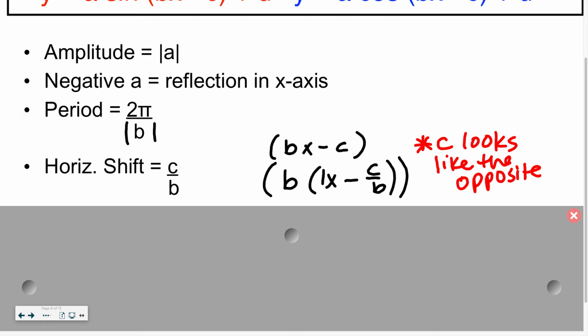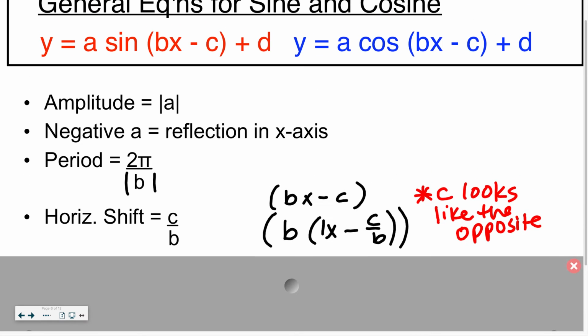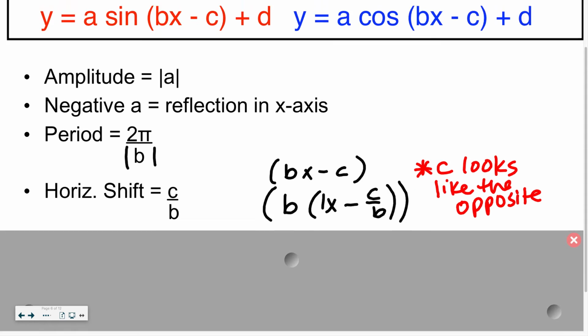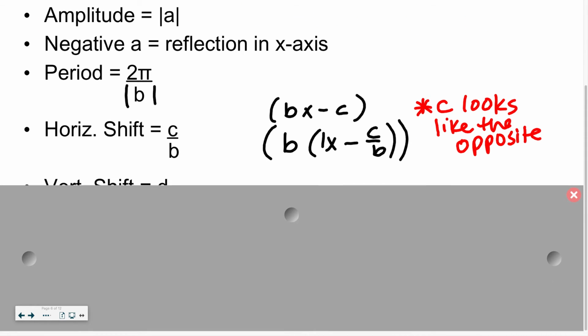Notice that in the general form for the equation, it's supposed to be minus C. So if you put a positive C in there, it looks like a minus. And if you put a negative C in there, then it's minus a negative, which looks like a positive. So you'll have to remember when you're pulling out the C that it always looks like the opposite of what it is. Okay, and that'll get a few of us multiple times.